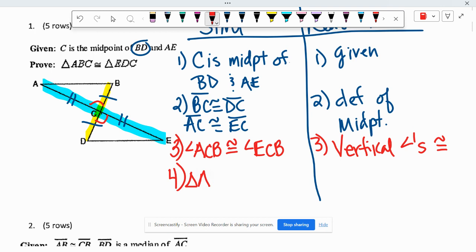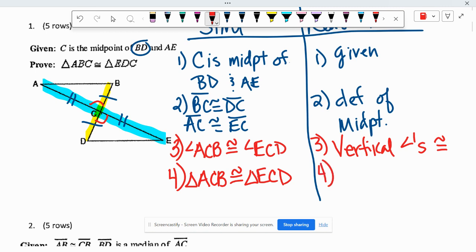Triangle ACB is congruent to triangle ECD. I'm so sorry, ECD. I see that now. I got to fix that. If I can erase it. I have a big fat pen, so I might erase more than just what I need. And why is this?